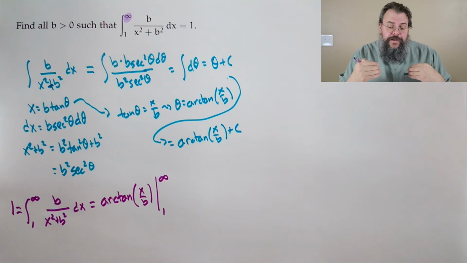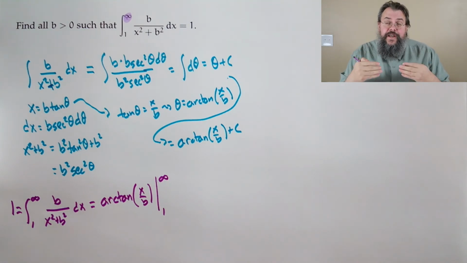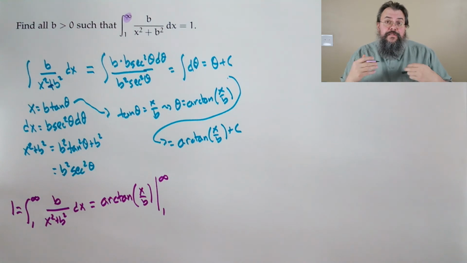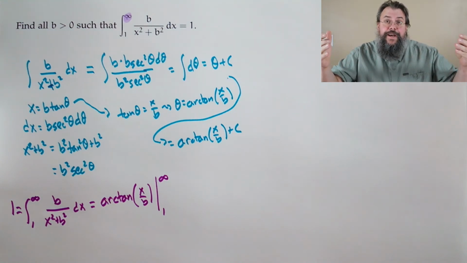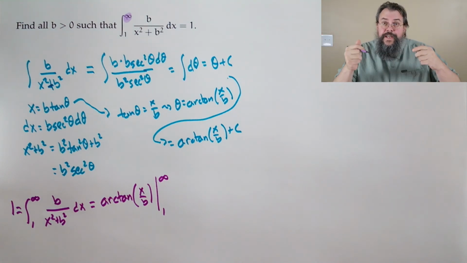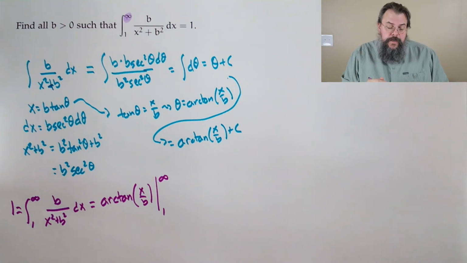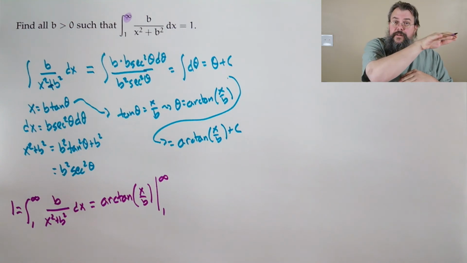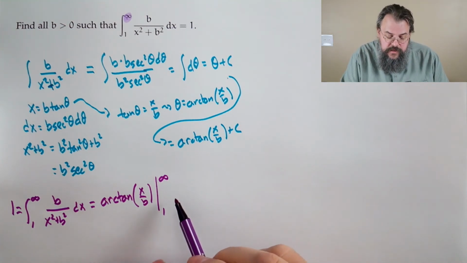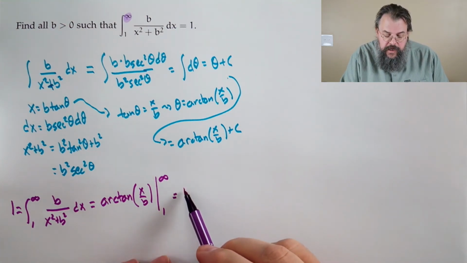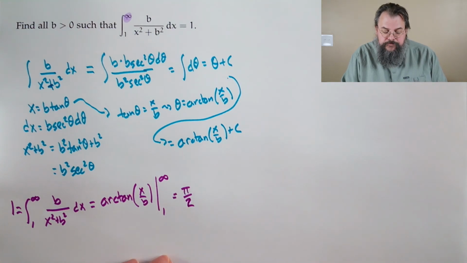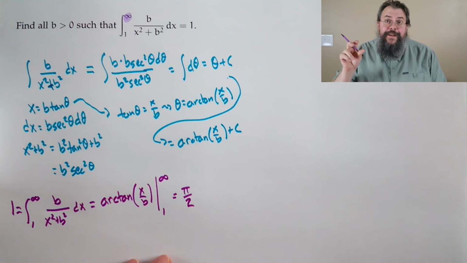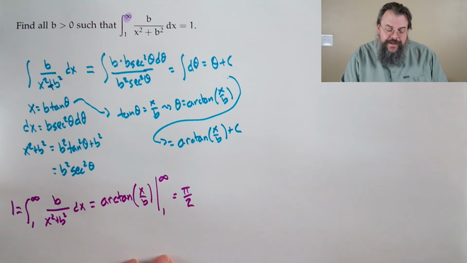It's arctangent of a big number, because b is positive, so x over b is going to be large and positive. Arctangent has an asymptote, and so it approaches pi over 2. That's as we go to infinity. We've handled the improper part.